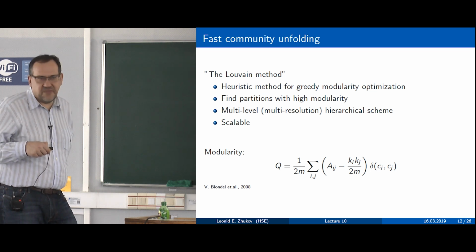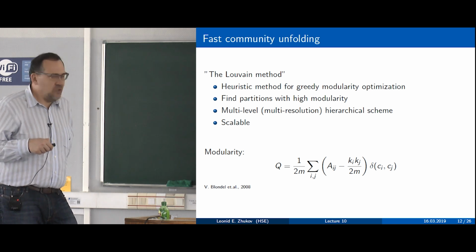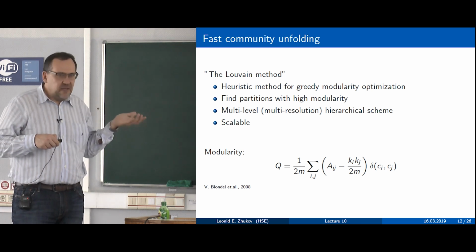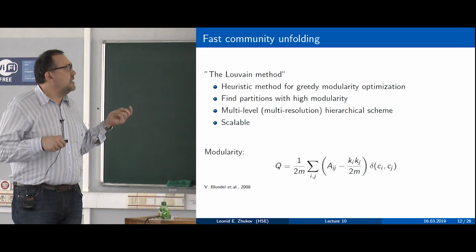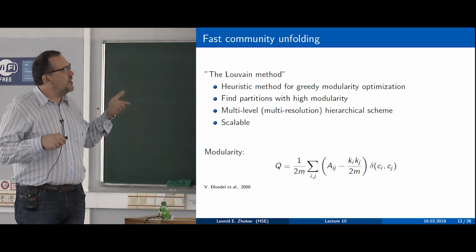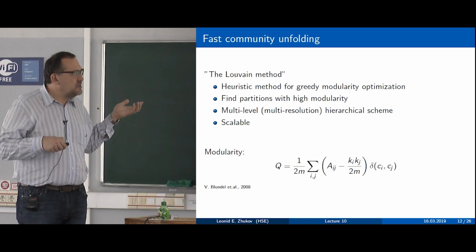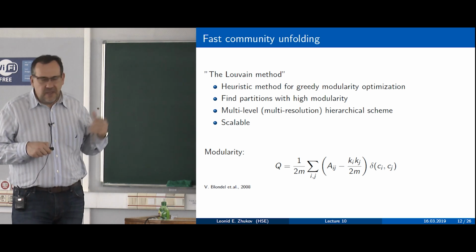Now, it's not necessarily the largest maximum. It's going to be a greedy maximum, which means it can be local. There might exist a much better configuration, but we'll never reach it. We don't know. You just keep walking and doing until you reach the situation where you cannot improve anymore, and then you say, well, this is our partition.